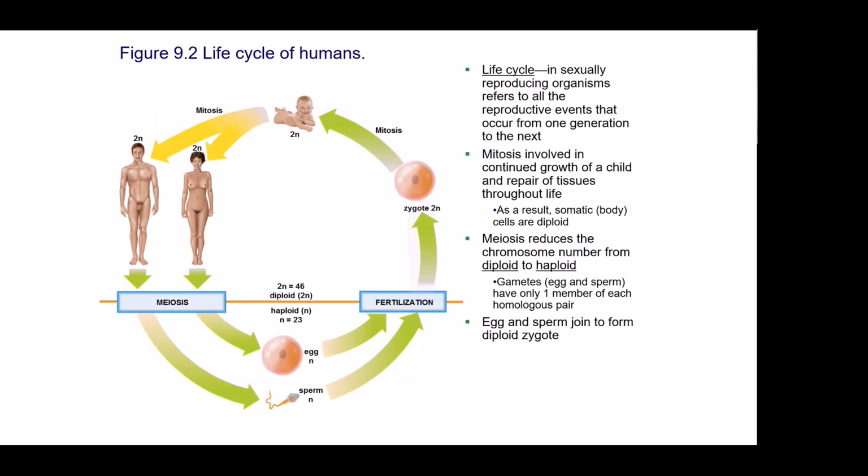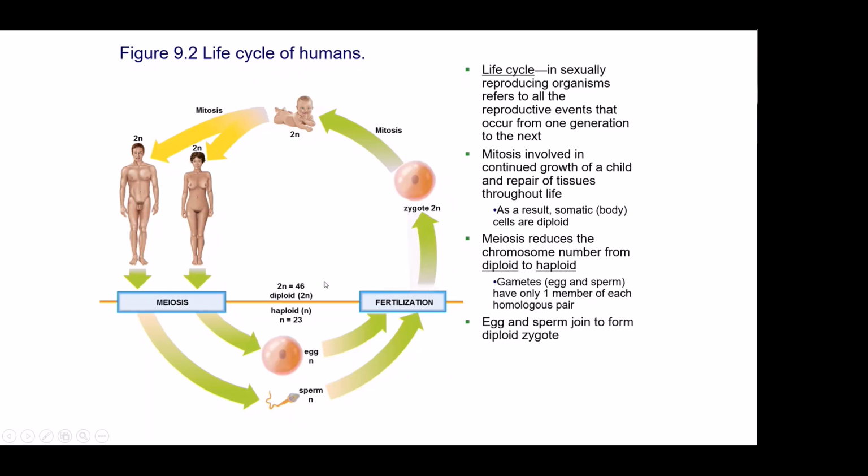So if we look at the life cycle, we have a situation where a fertilized zygote goes through mitosis 1 trillion plus times, going from a diploid zygote to a diploid baby boy, or girl, growing through all sorts of mitosis to become fully formed adults.